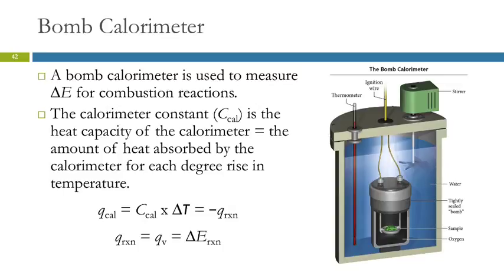We just look at the heat capacity. So Q, the heat absorbed by the calorimeter, equals the calorimeter constant times its change in temperature. That is equal but opposite in sign to the heat given off by the reaction. Q of the reaction is heat at constant volume, which is equal to the change in energy for the reaction.